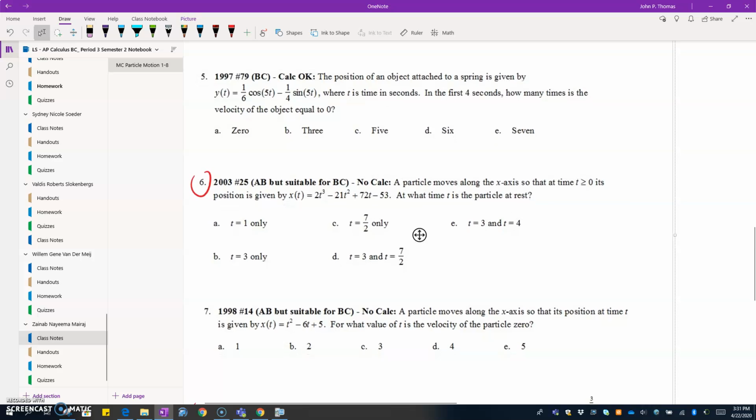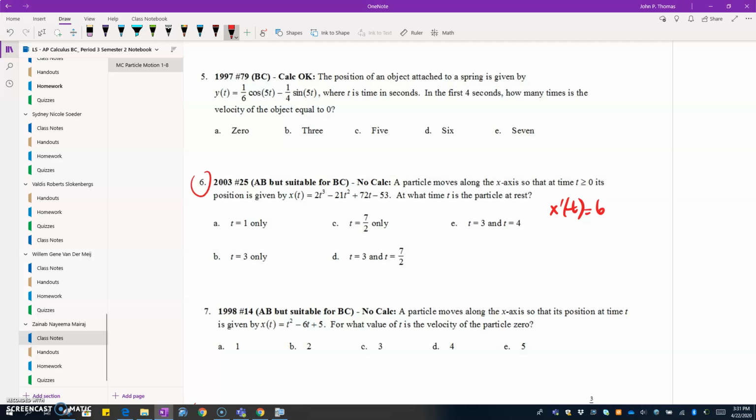All right, so number 6, this one's a no calculator problem. It says a particle moves along the x-axis so that at time t greater than or equal to 0, its position is given by x of t equals that function. At what time t is the particle at rest? So a particle's at rest when the velocity equals 0. So I'm going to find x prime of t, because that would give me the velocity.